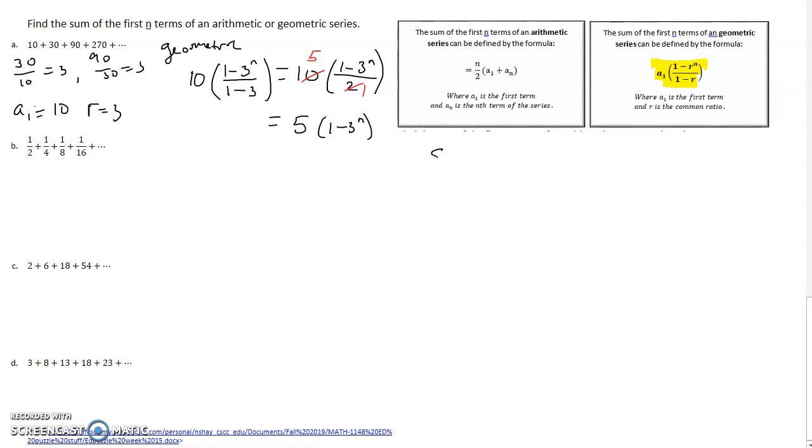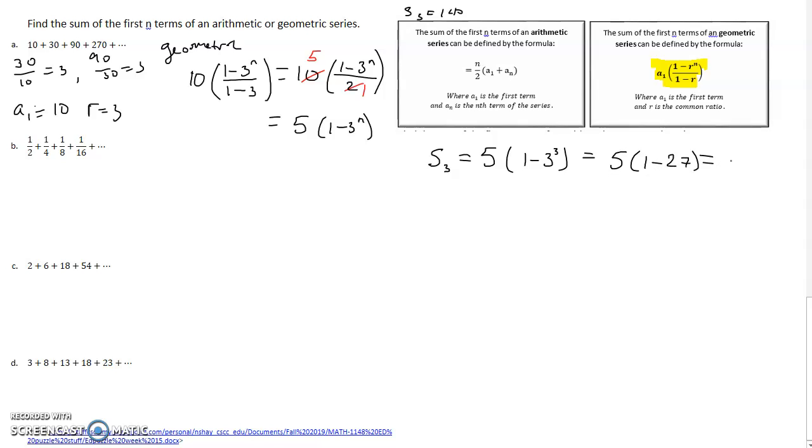Let's just figure this out. Let's say I wanted to find the sum of the first 3 terms. Well, I can look at it right now. 10 plus 30 is 40. 40 plus 190. We know the sum of the first 3 terms should be 140. Let's work this out and make sure that's what we get here. 5 times parentheses 1 minus 3 to the third power, and 3 to the third power is 27, right?